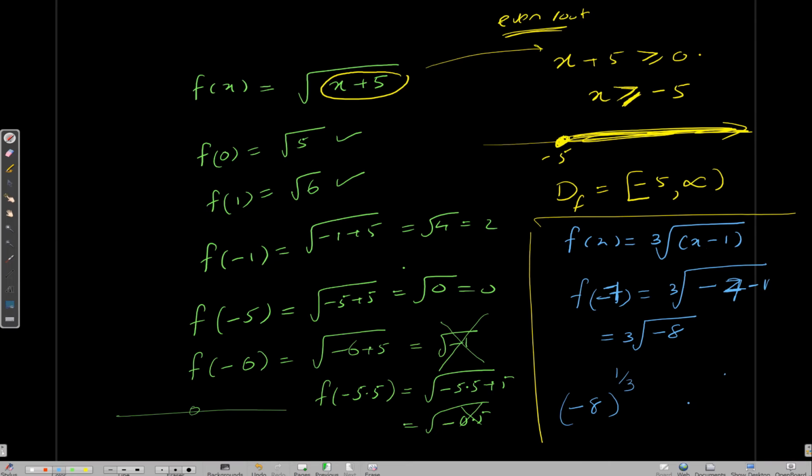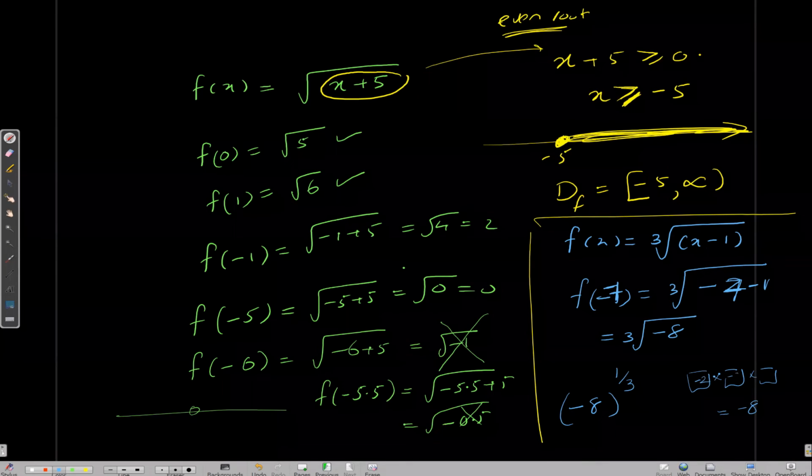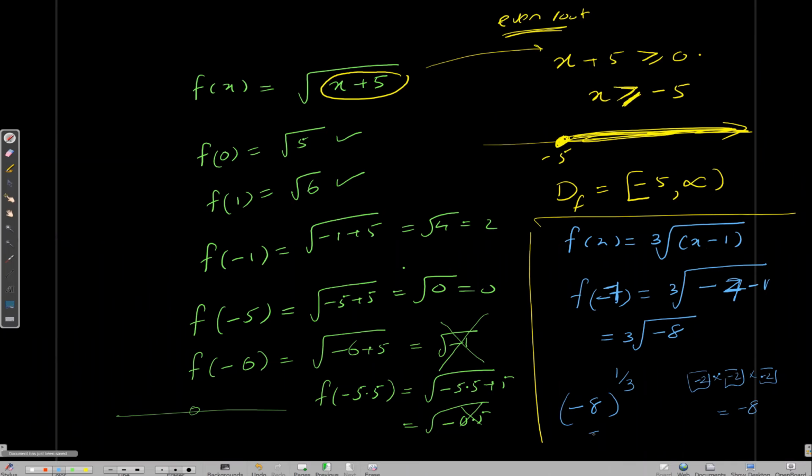Or in other words, is there a number which, multiplied by itself 3 times, gives -8? Actually, there is: -2 times -2 times -2. So for odd roots, the domain of f is all real numbers.